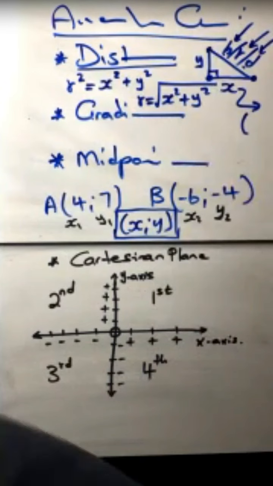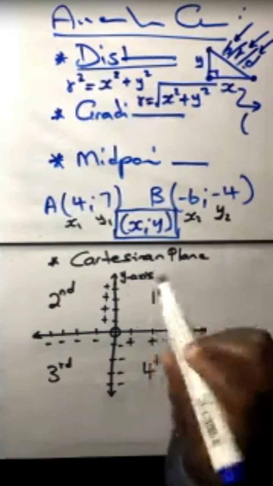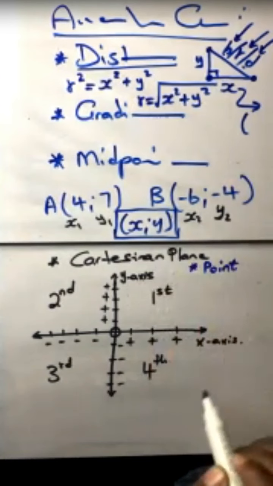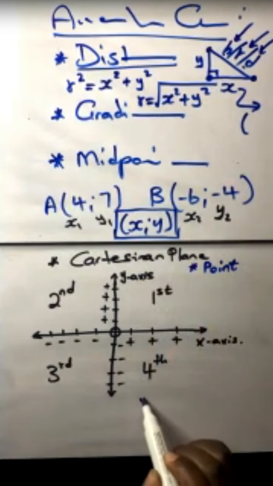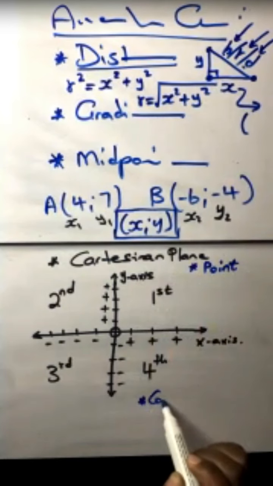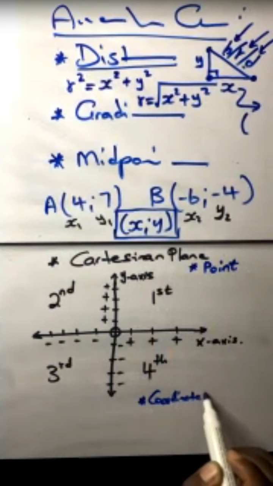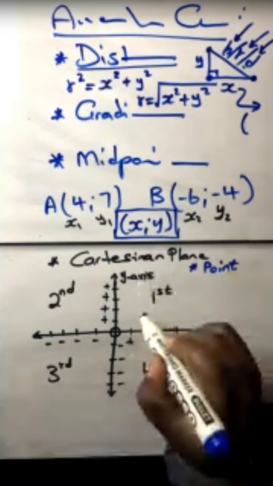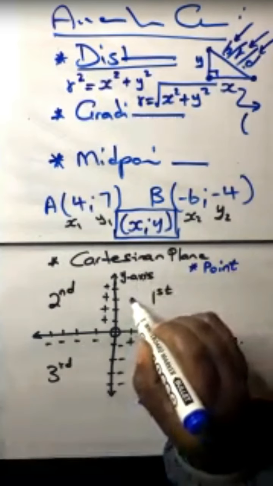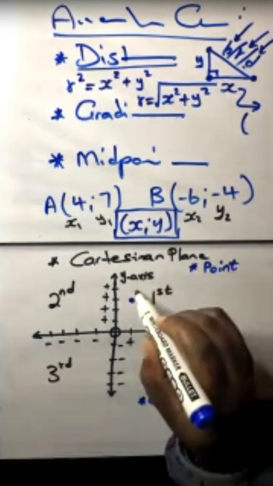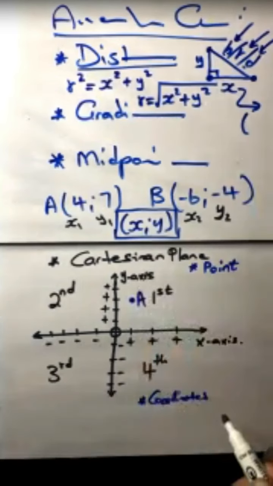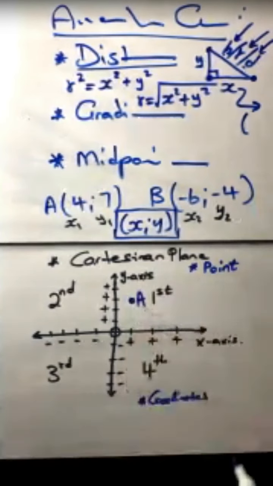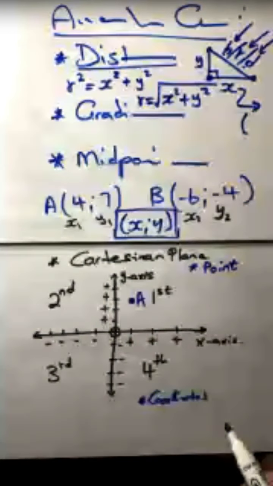So remember, I've just explained to you that we also have what we call a point. And again, we also have what we call coordinates. Very, very much important, guys. So a point can be a point anywhere in the first quadrant, which can be point A. So Shreyas, that A represents that point made by that dot over there.